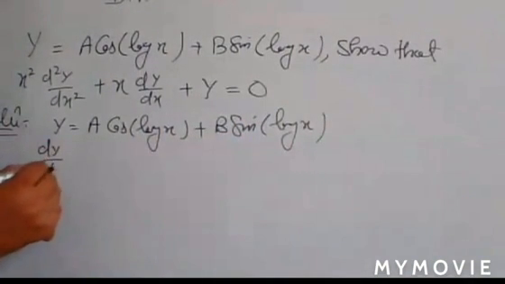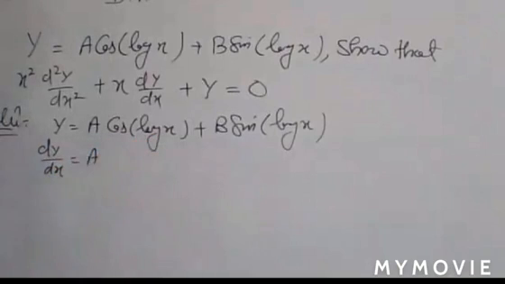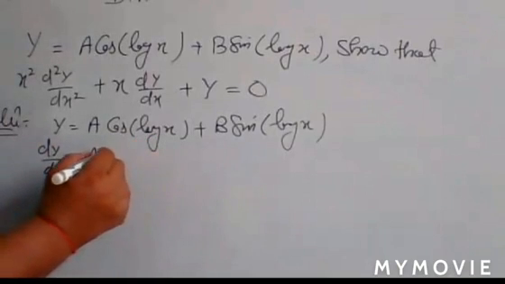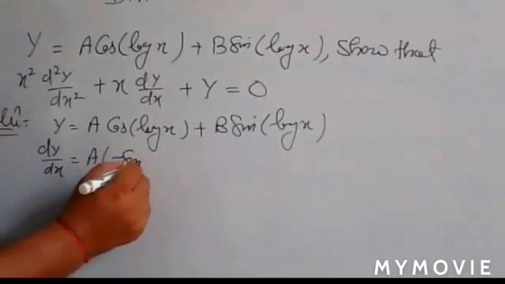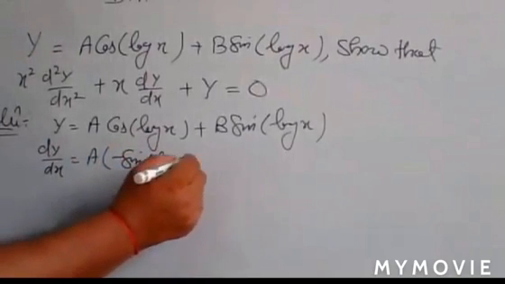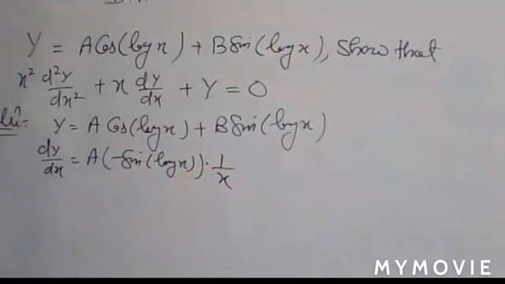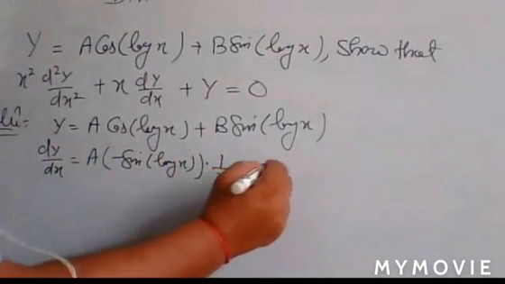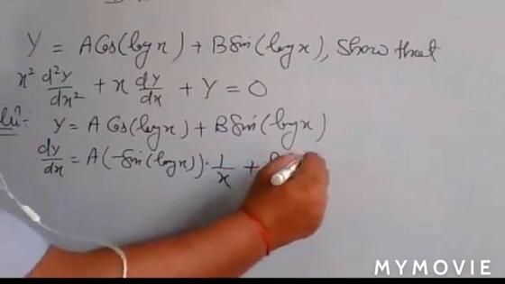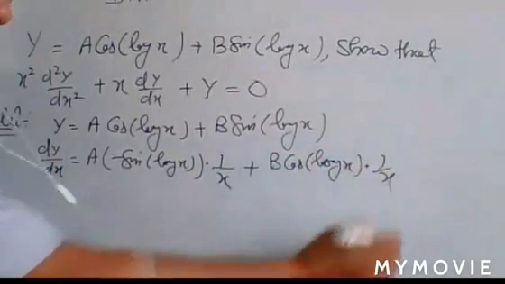Dy by dx is equal to a, and that is in the form of cos, so first of all you write minus sin log x into the differentiation of log x, which is 1 by x. Here you have b cos log x into 1 by x.